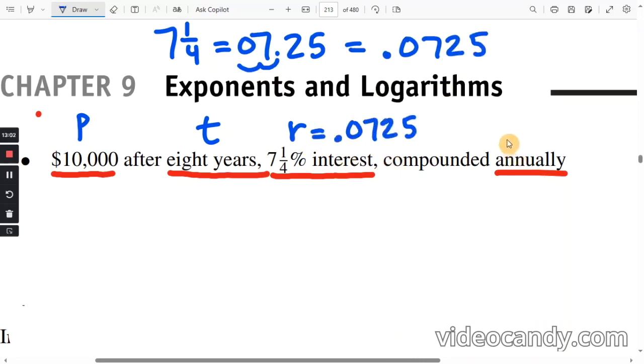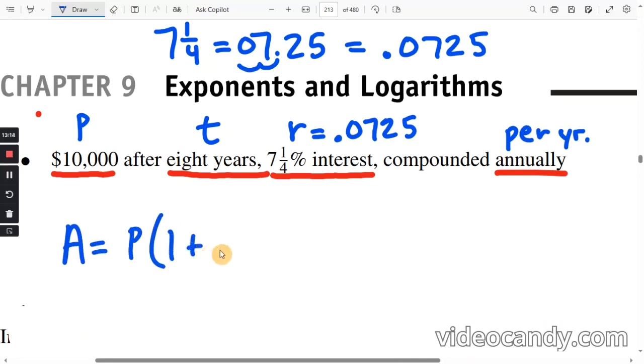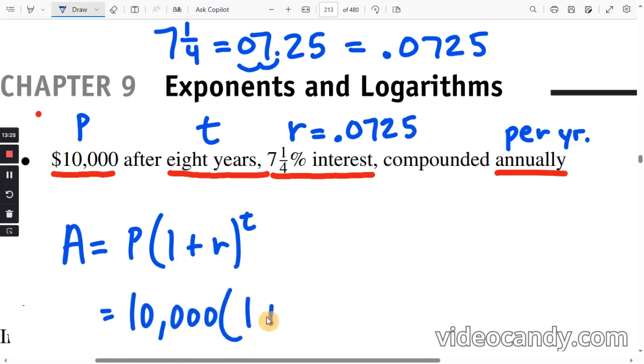All right, we said compounded annually means per year. So, using our formula, A equals P times (1 plus R) to the power of T. P is the initial amount, that was $10,000, times (1 plus R), and R is 0.0725, to the power of T, that is 8 years.